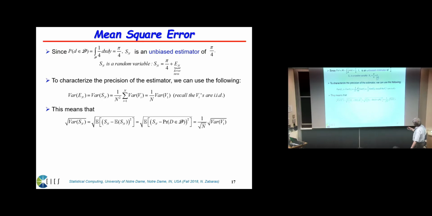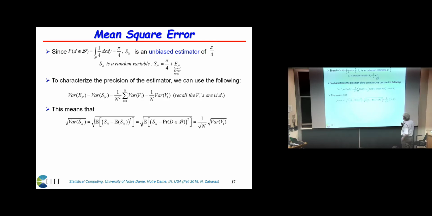I want you to think that really the square root here is nothing else but the mean square error, right? This is the actual probability that you want to estimate. That's pi over 4. This is the estimate, right? And because there is an expectation there, this is the mean square error.